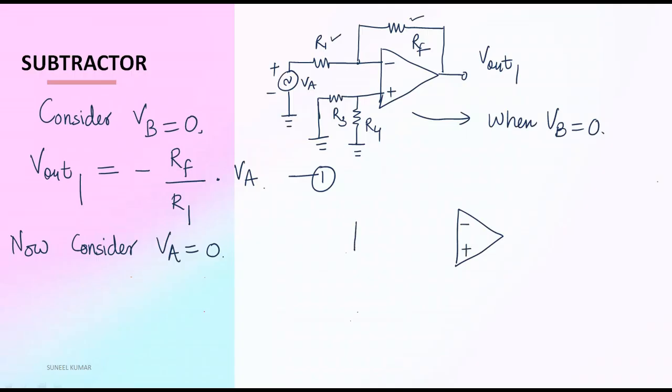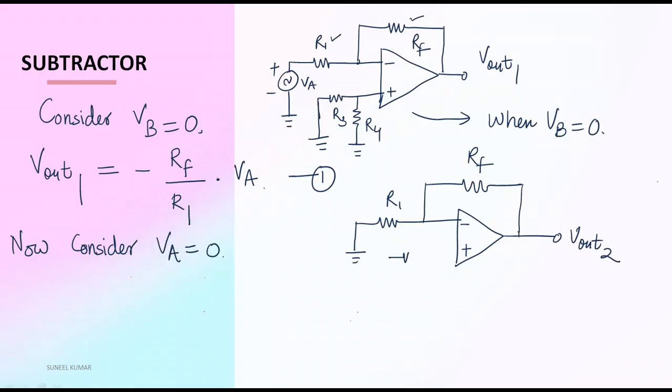So this is R1, and we have a feedback resistance RF, and here this is, let's say, output 2. When VA is equal to 0, we will get output 2.